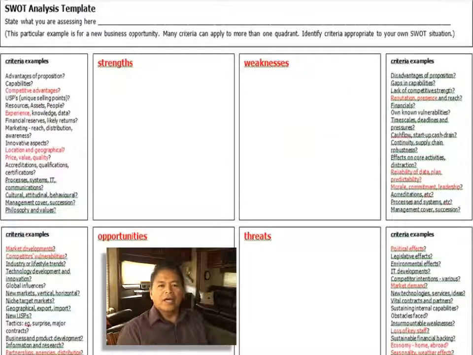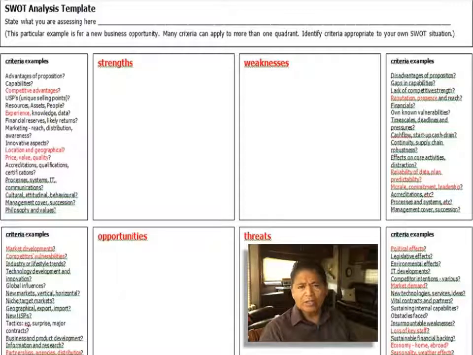As you're looking at opportunities, here are some questions to consider. Market developments, competitors' vulnerabilities, partnerships, agencies and distribution. And as you're looking at threats, what about political effects, market demand, loss of key staff, the economy at home or even abroad?